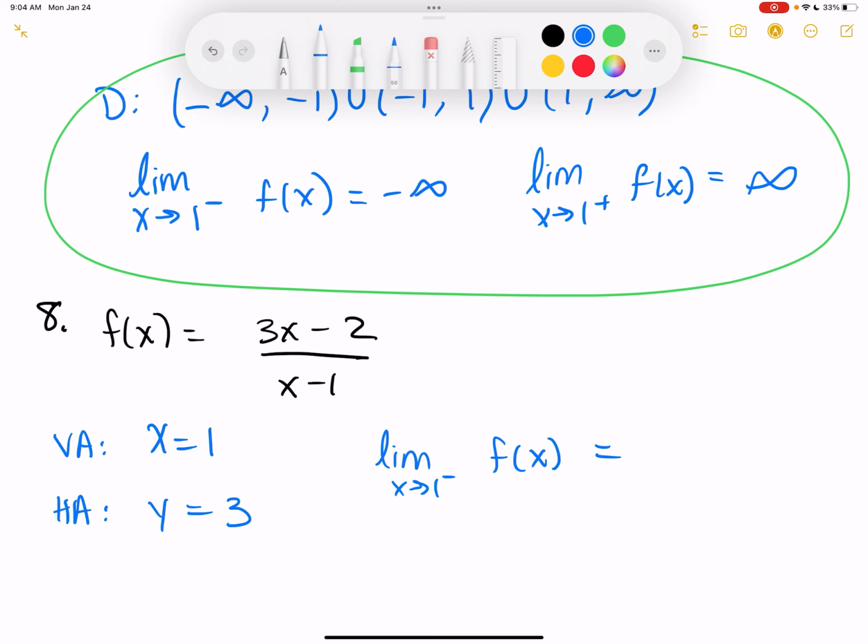If I'm plugging in 0.99999, the bottom is negative. The top, 3 times 0.99999, should be like 2.999, so it's still positive. So it's positive on top, negative on bottom, so it is negative infinity.